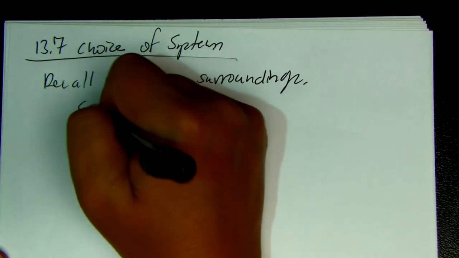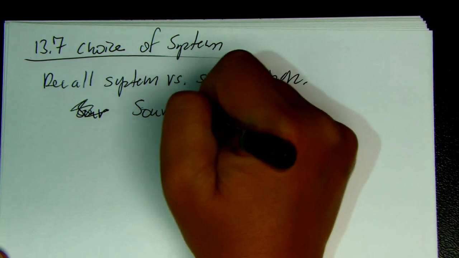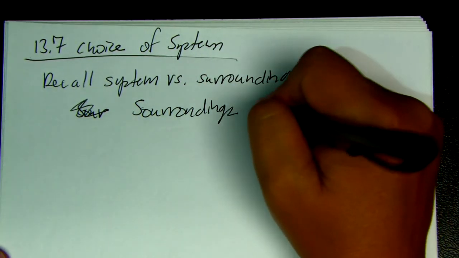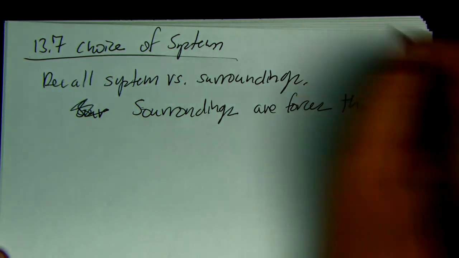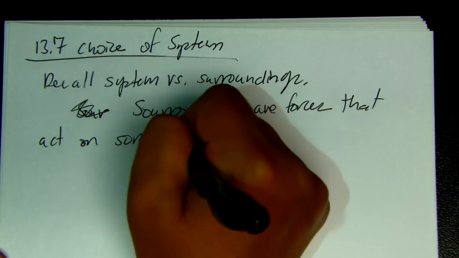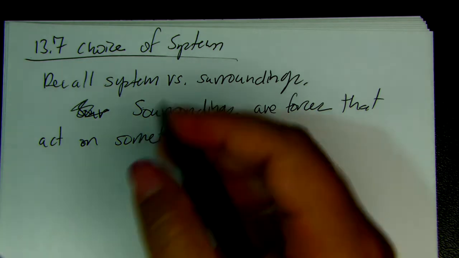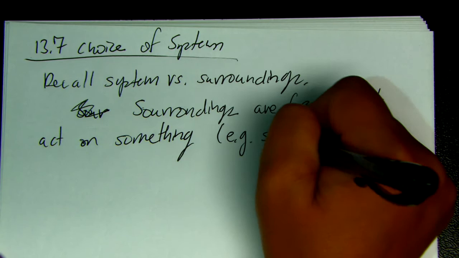So surroundings act on something. Forces act on something. So the force acts on the Jedi Knight, and normally that something is the system.